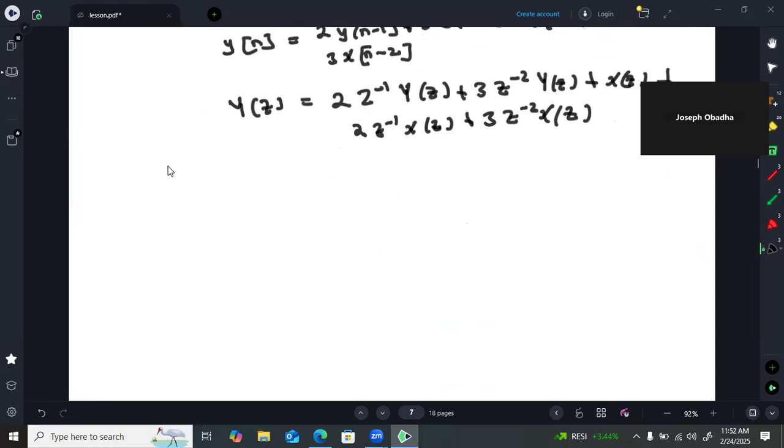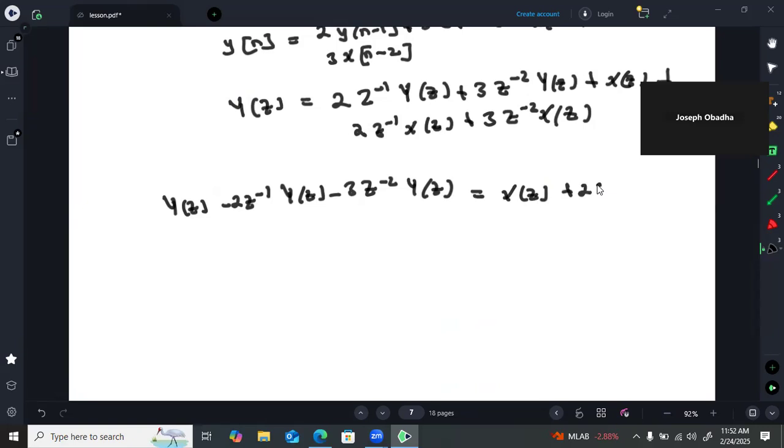I will collect the like terms together so that I have Y of z minus 2z negative 1 Y of z minus 3z negative 2 Y of z equal to X of z plus 2z negative 1 X of z plus 3z negative 2 X of z.